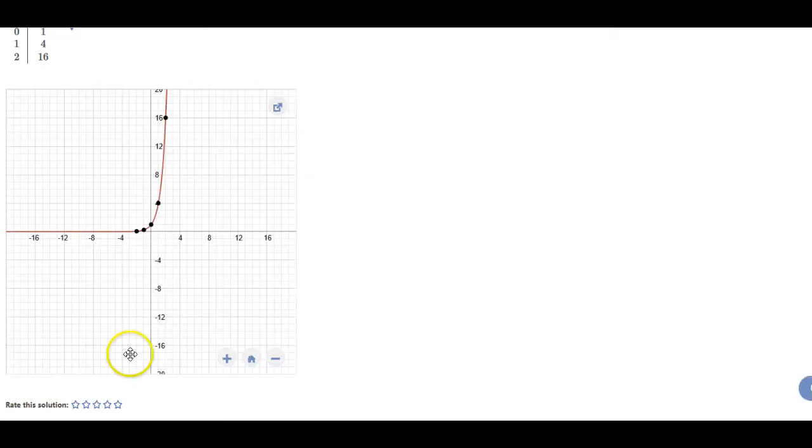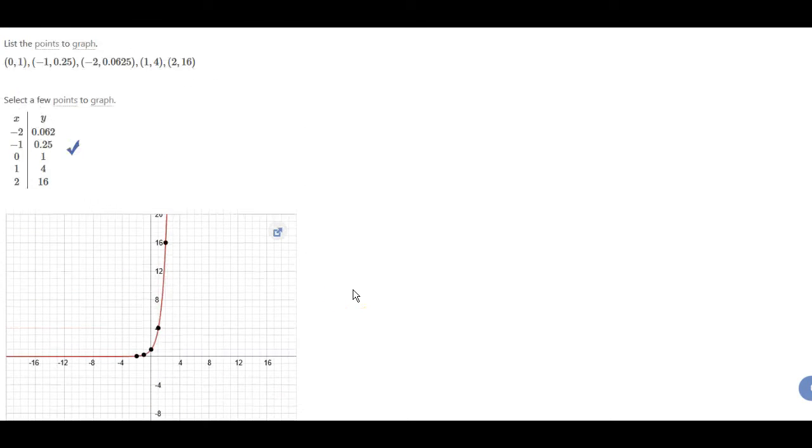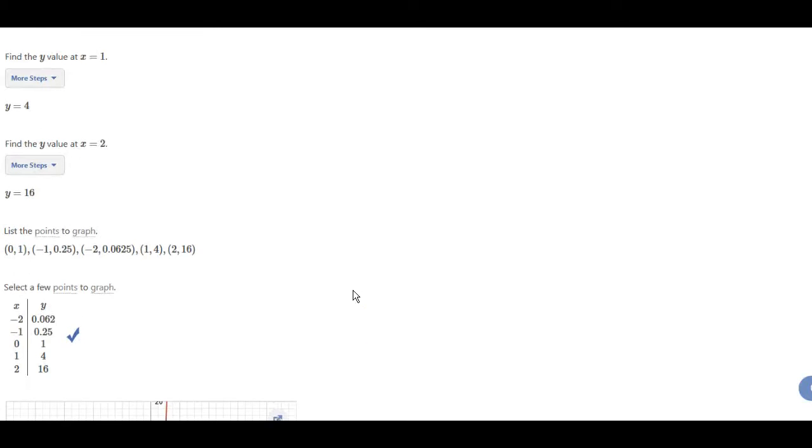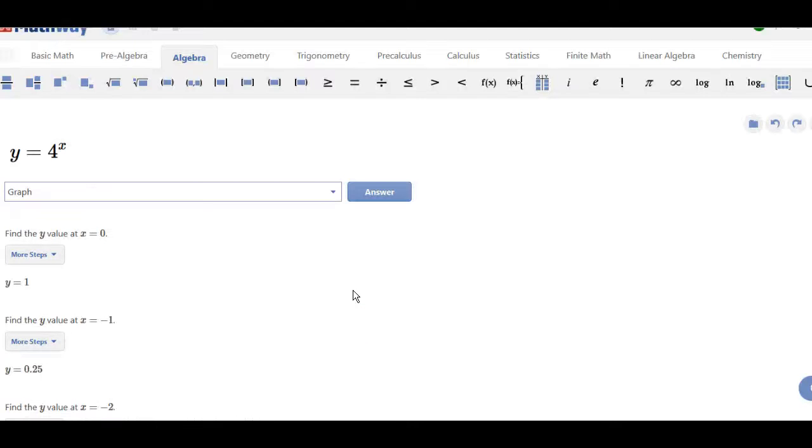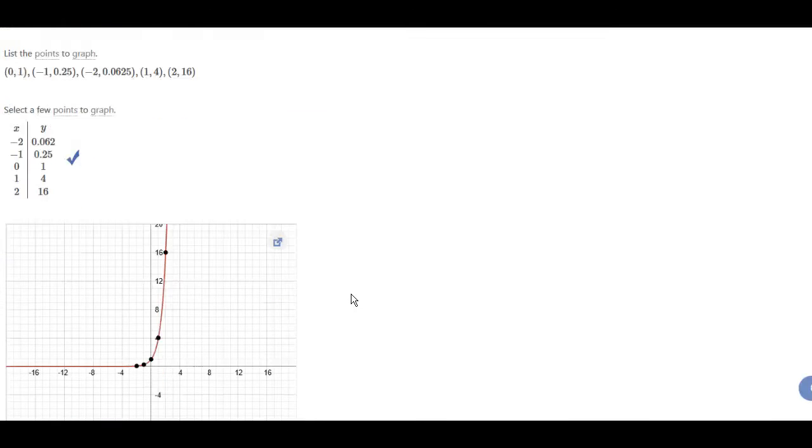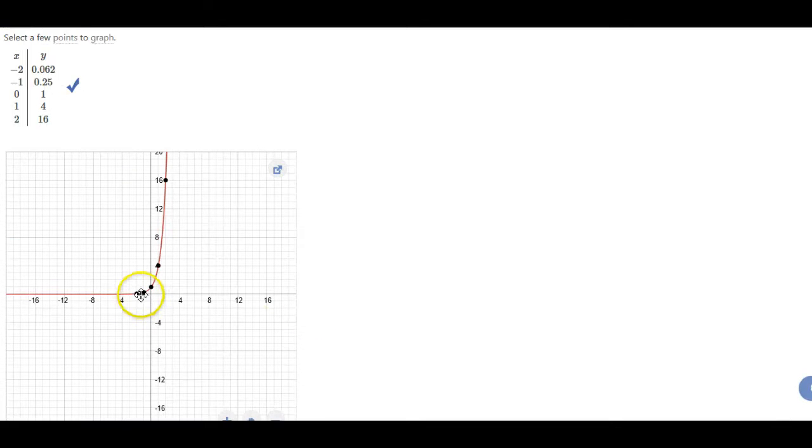Well, for some reason they wouldn't solve them all together, but there is the graph of y equals 4 to the x power. And again, when x is 0, 4 to the 0 is 1. Everyone is 1. Any power to the 0 power is 1. And then it goes up to 4, then up to 16, and looks like this.